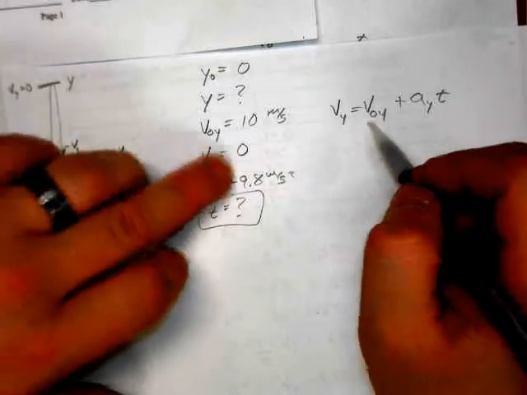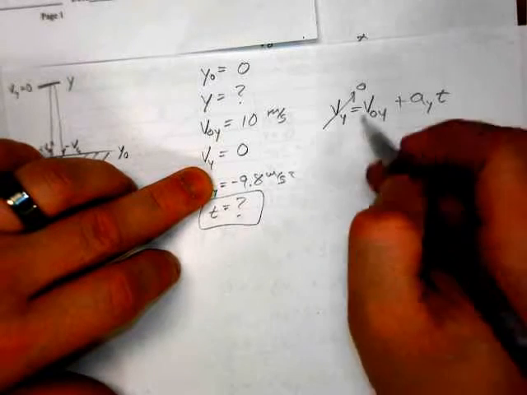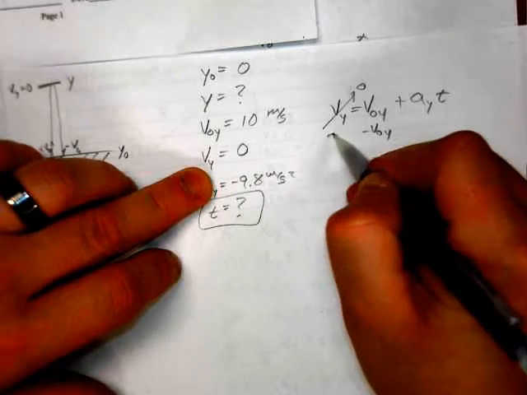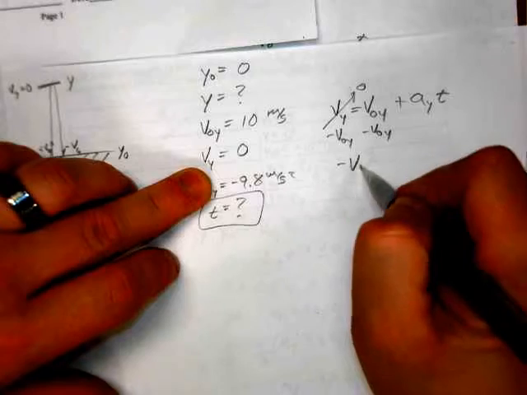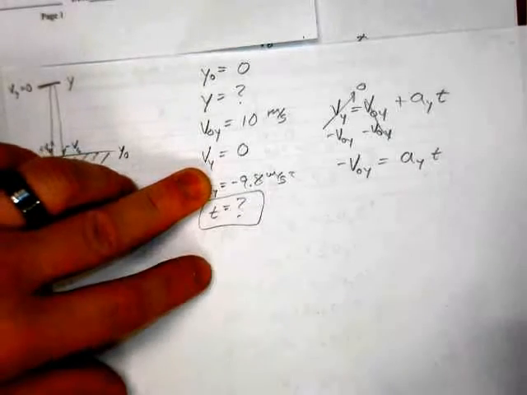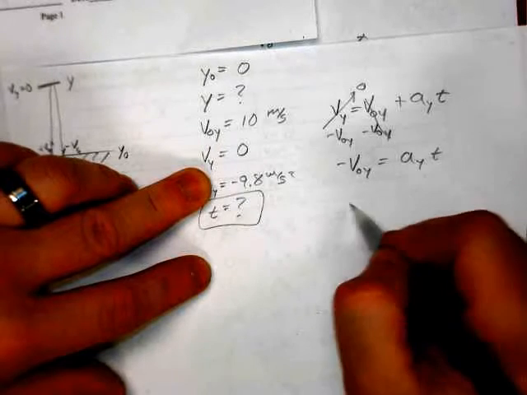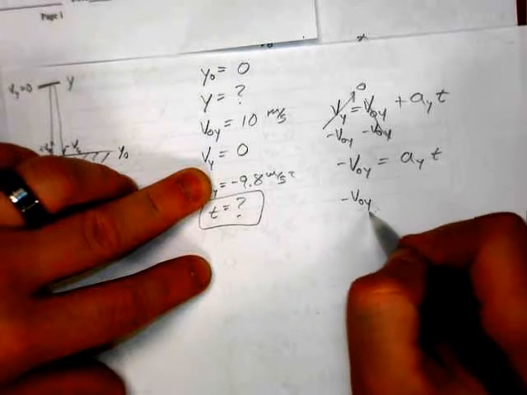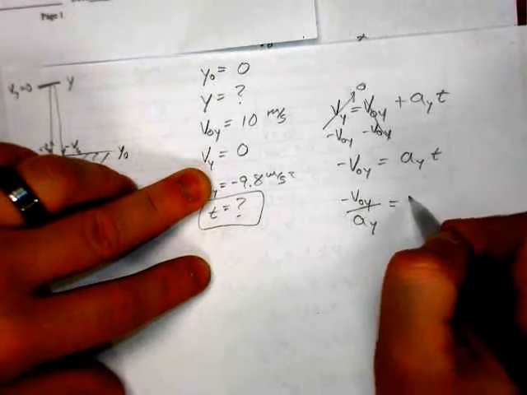We said that Vy is going to equal 0, so negative V0y, negative V0y, ayt, those cancel. So negative V0y over ay equals T.